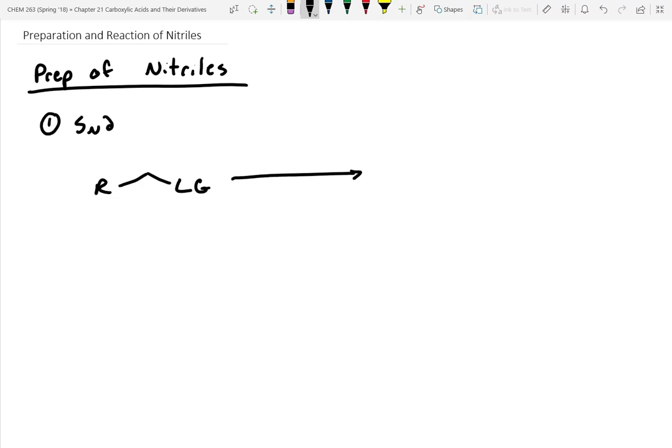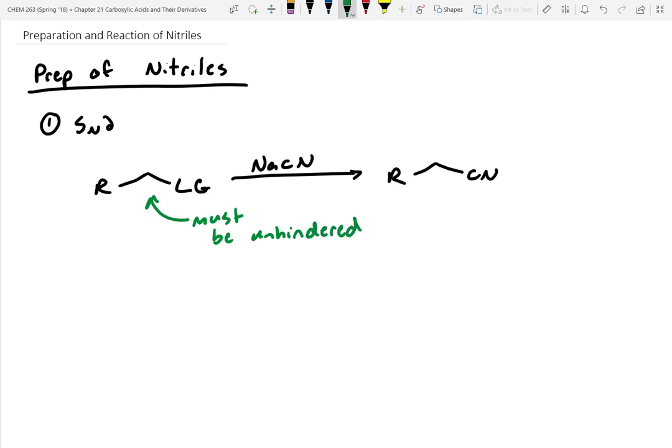You can treat this with sodium cyanide. And you can just simply do an SN2 reaction to swap off that leaving group for cyanide, right? Key thing to remember is this must be unhindered. Doesn't work if you've got a tertiary alkyl halide, for example.